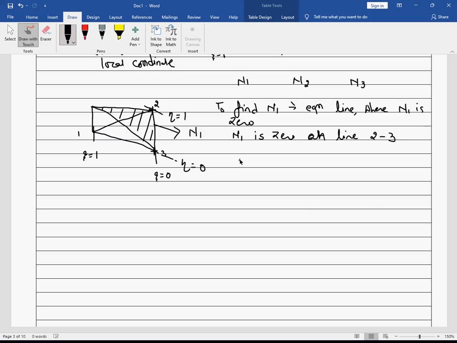Okay, so I could write N1 is equal to C into the equation of line 2, 3. Now we know the equation of line 2, 3 is zeta equal to 0. So therefore I could write zeta only. Okay, zeta minus 0 equal to 0. So I could write zeta only. Okay, so I can call this equation number 1.